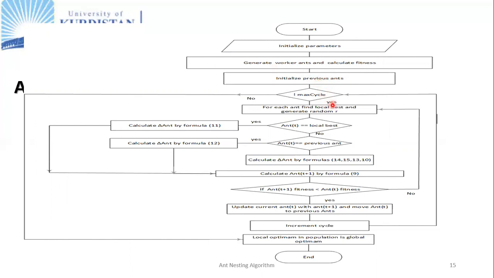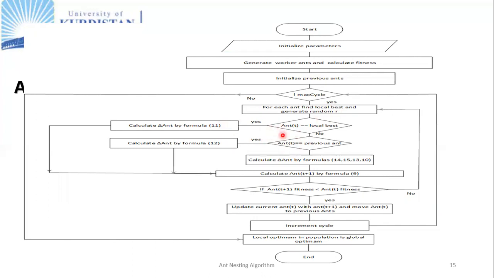Now, while we are looping for each ant, we find local best and generate random R for each ant. Now we make a comparison. If ant equals local best, we use equation 11. Or if not, then if ant equals previous, we use equation 12.